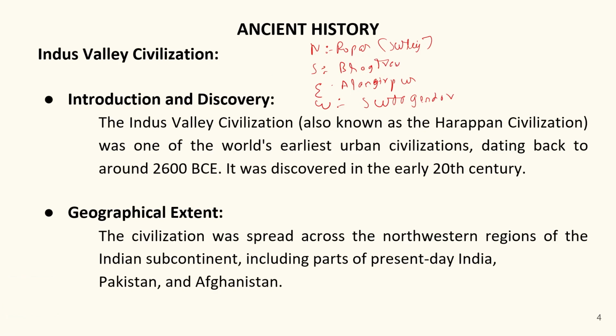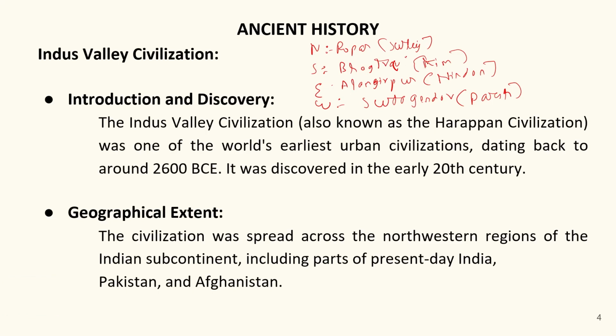Alright. Now, Bhaktaraf was at river Kim. Alamgirpur was at river Hindon. And Sukta Gandor was at river Daksh. Okay, so it was the earlier extension of the Indus Valley civilization, starting from north, Ropar, Satluj, in Punjab.